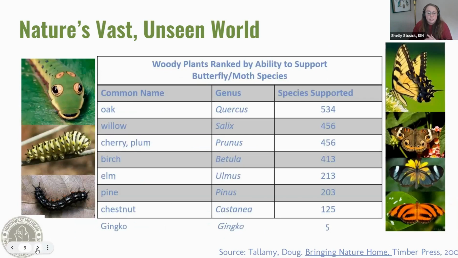And this is just to really illustrate, and this information comes from researcher Doug Tallamy, who is the author of Bringing Nature Home, the book that inspired the Go Beyond Beauty program in the first place.